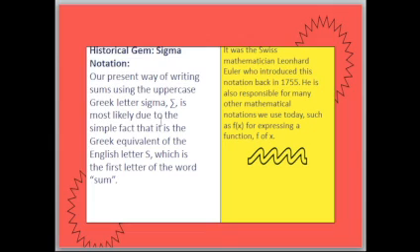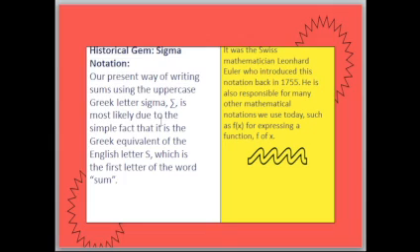So we will go to the historical gem of sigma notation. Our present way of writing sums using the uppercase Greek letter sigma is most likely due to the simple fact that it is the Greek equivalent of the English letter S, which is the first letter of the word sum.